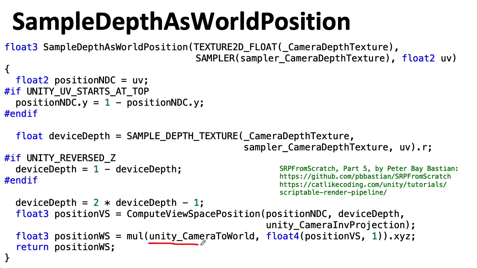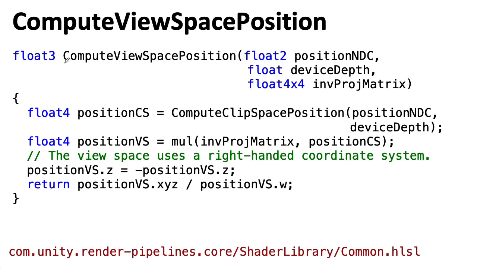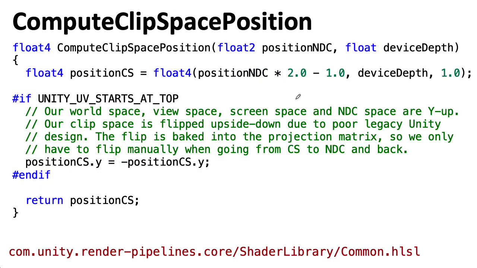This matrix is the inverse of the view transformation. And notice that we need to add a 1 here for the W coordinate. So the first thing this compute view space position function does is it runs this compute clip space position function, and there's not much to it. Device depth is already between 0 and 1, so for the third coordinate here, it can just return device depth.